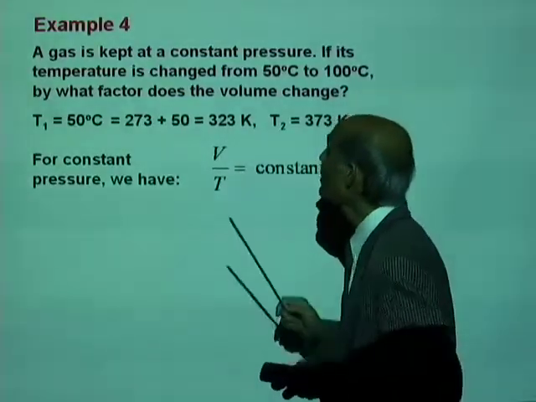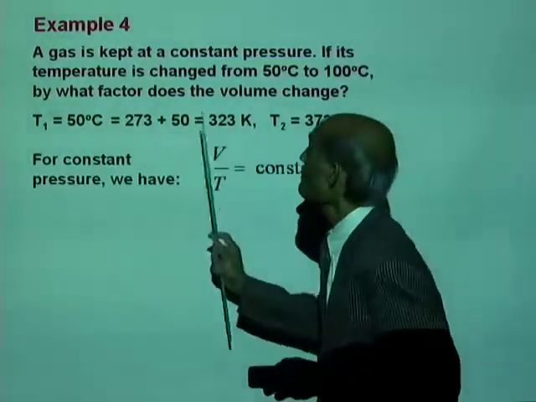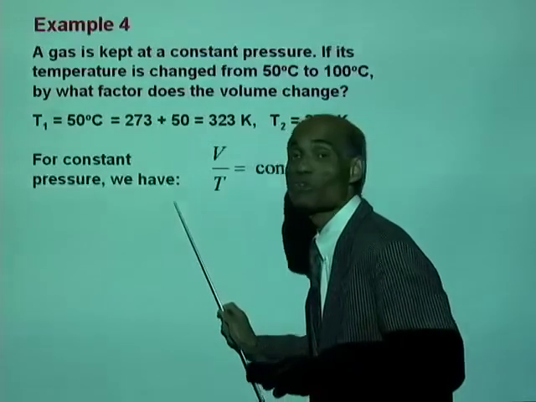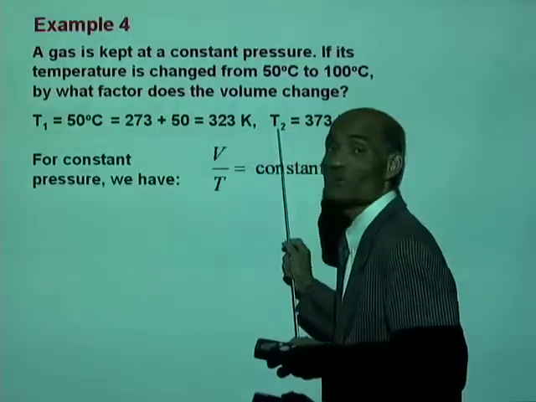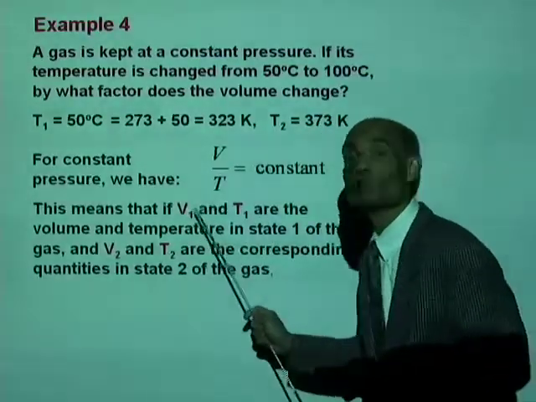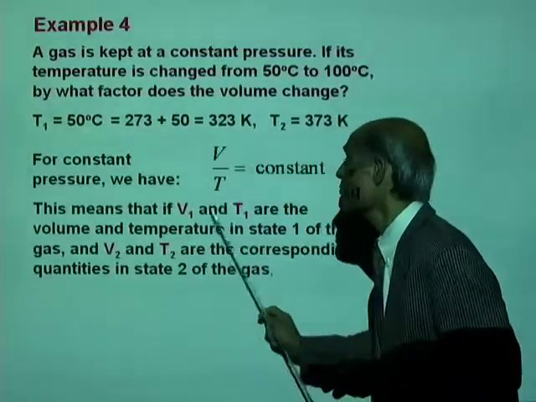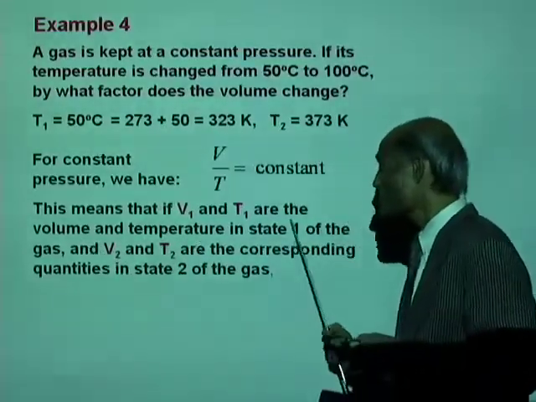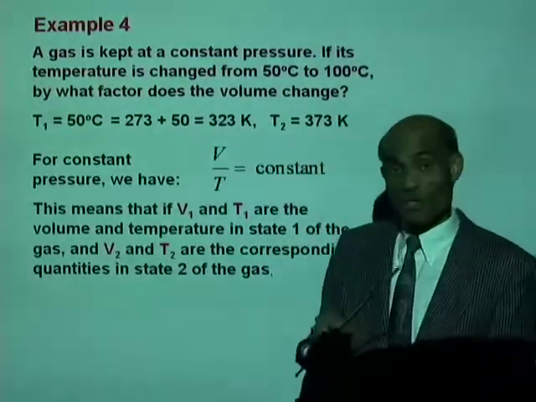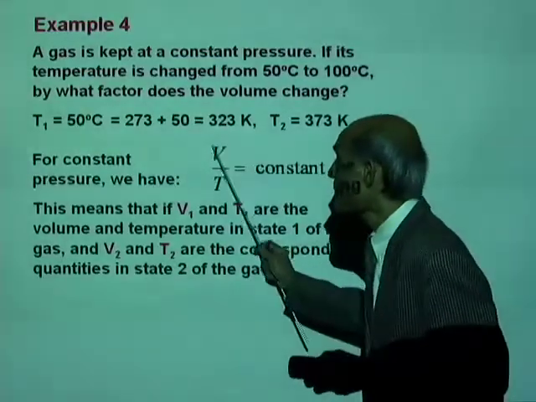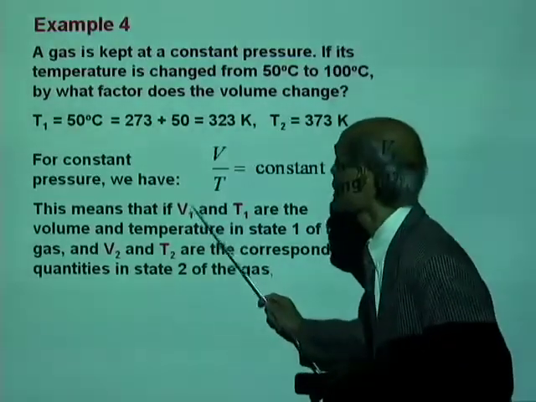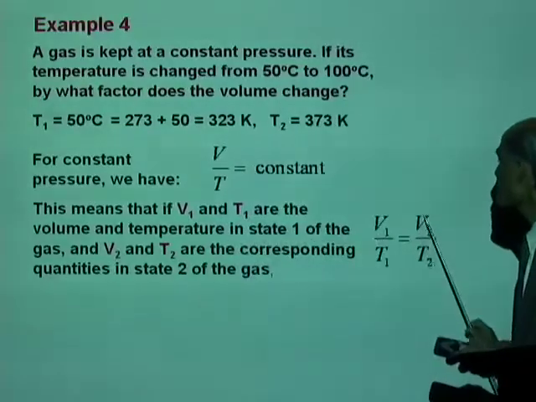What does this mean? V over T is a constant. If V1 and T1 are the volume and temperature in state 1, and V2 and T2 are the corresponding quantities in state 2, then V divided by T is a constant means that V1 over T1 equals V2 over T2.